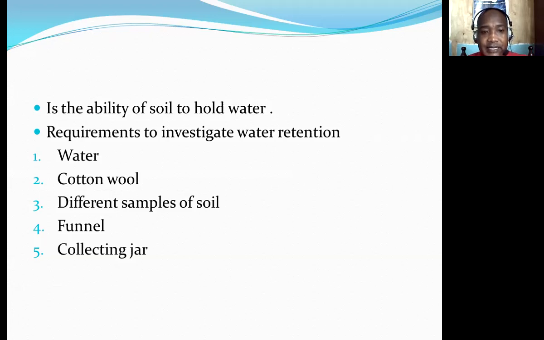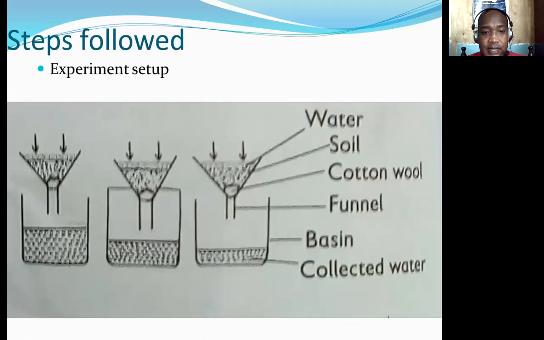For the experiment to investigate water retention, you need water, cotton, different samples of soil, a funnel, and a collecting jar. I want you to look at the setup.